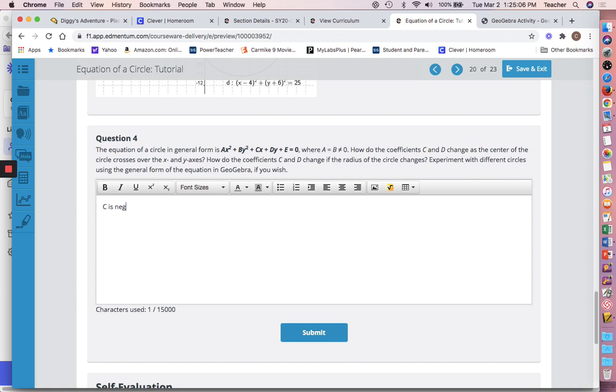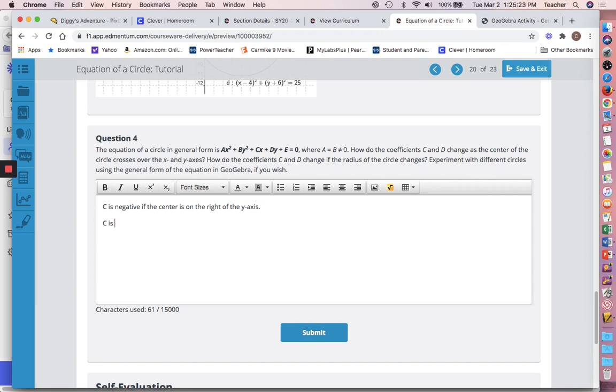C is negative if the center is on the right of the y-axis.